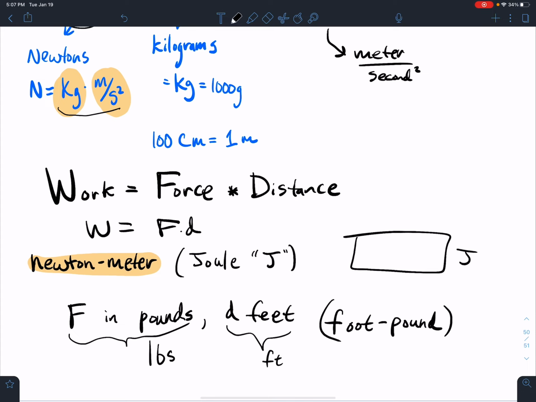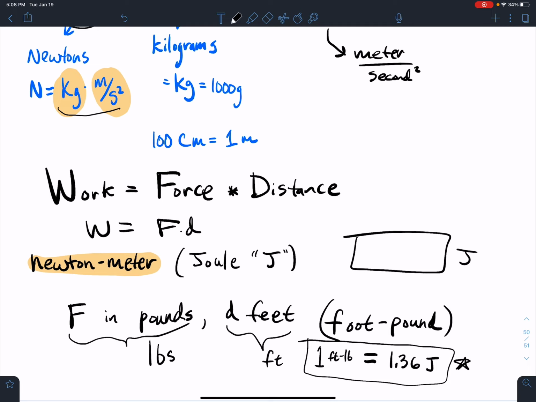And the conversion between foot-pounds and joules: 1 foot-pound is equal to 1.36 joules. Okay? So that kind of gives you a summary of work here.